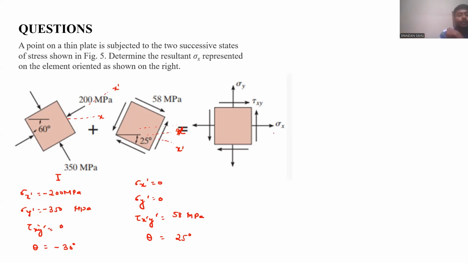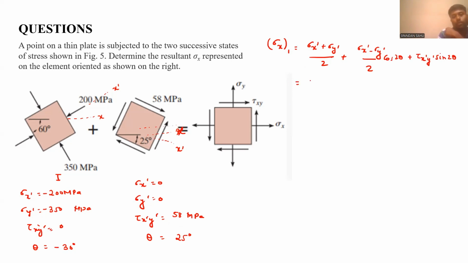That is, sigma x for 1 will be equal to (sigma x prime plus sigma y prime) by 2 plus (sigma x prime minus sigma y prime) by 2 cos 2 theta plus tau x prime y prime sin 2 theta.